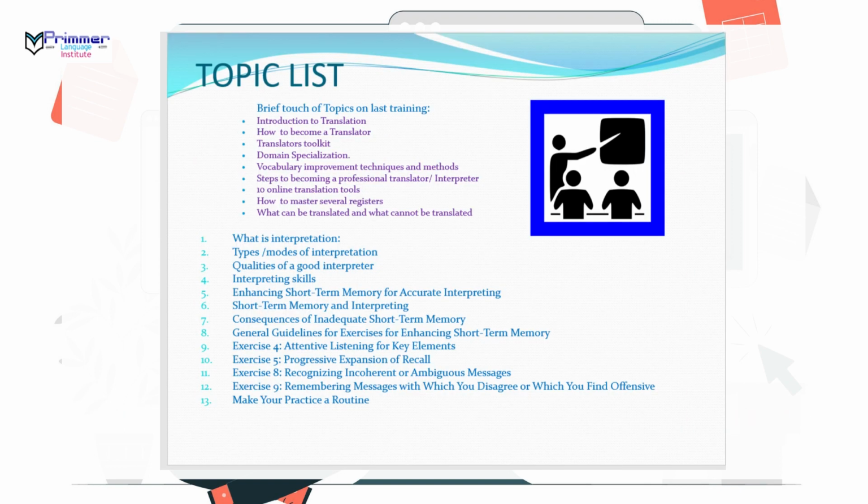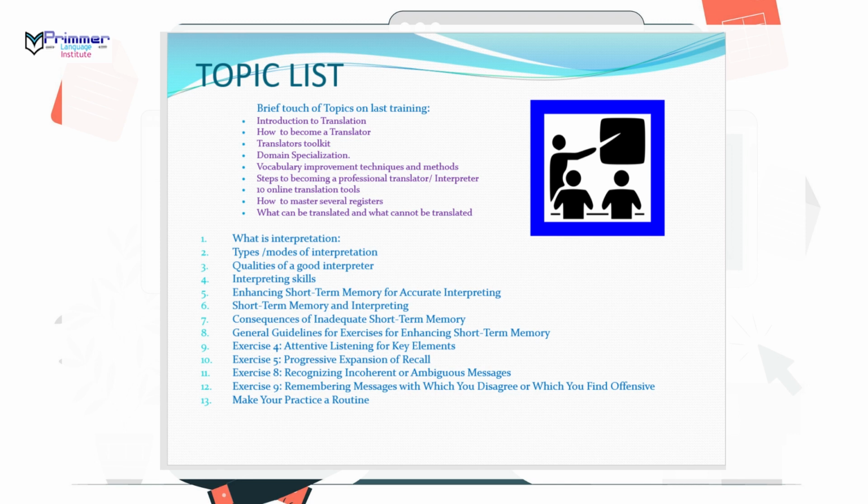So first is, what is interpretation? Types or modes of interpretation, qualities of a good interpreter, interpreting skills, enhancing short-term memory for accurate interpreting, short-term memory and interpreting, consequences of inadequate short-term memory. Then we'll have a general guideline for exercises in enhancing your short-term memory.